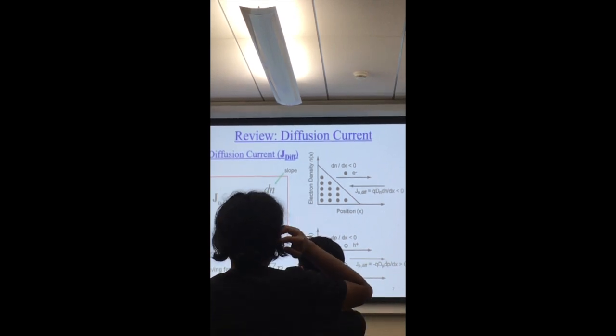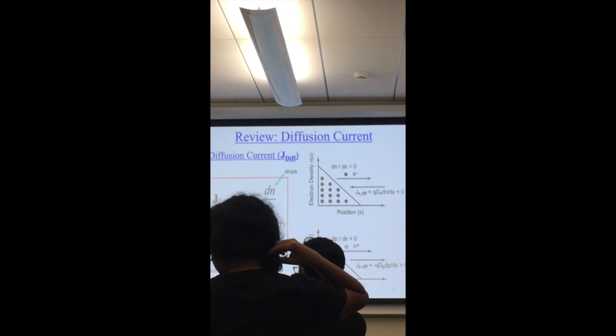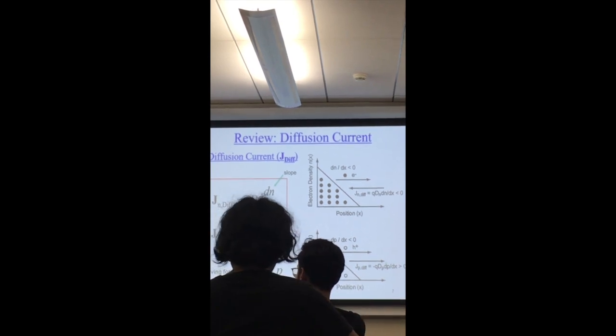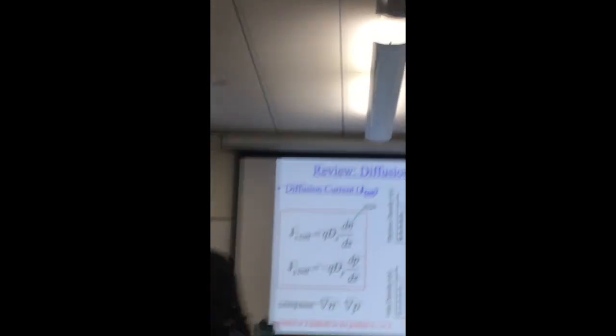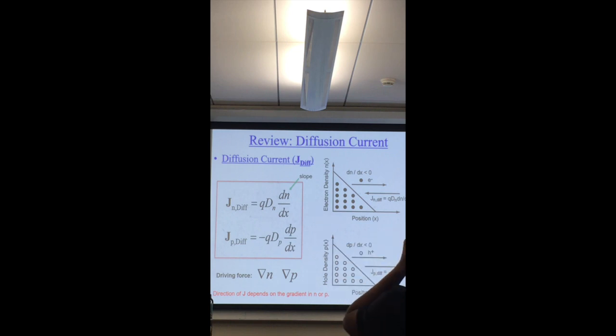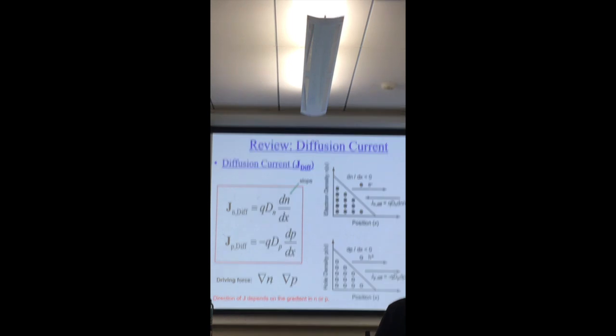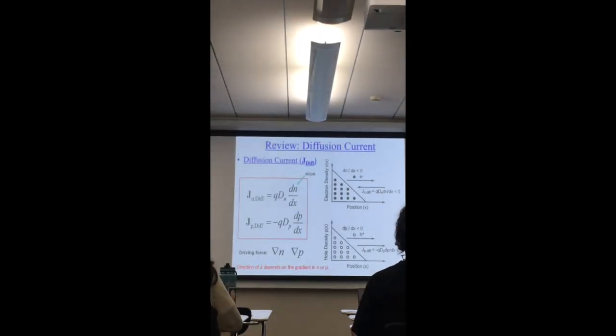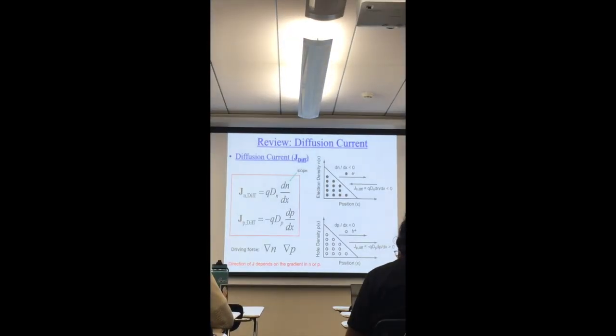The diffusion direction is always from high concentration to low concentration. So you can see here, if we have more electrons on the left side, then the electrons will diffuse towards the right side. This is the electron diffusion direction.